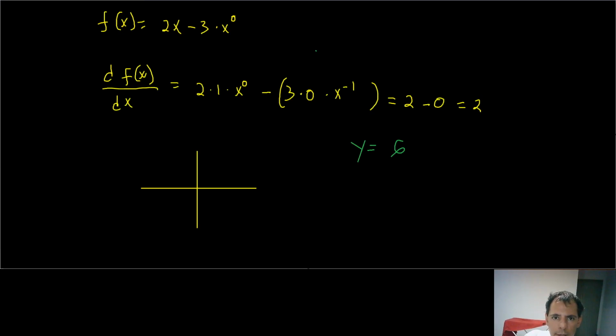It looks like a horizontal line, okay? Like this, an infinite horizontal line whose value of y is 6, because in here you see y is going to go 1, 2, 3, 4, 5, 6. So the value of y here is 6 and the function is y equals 6.